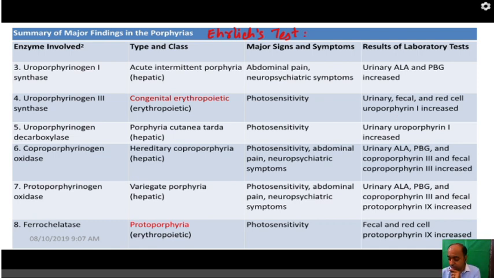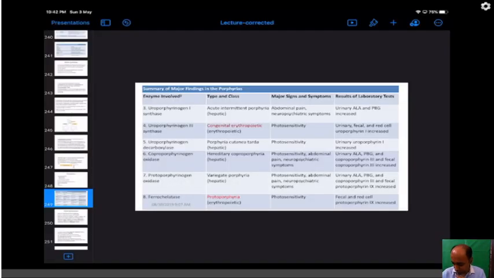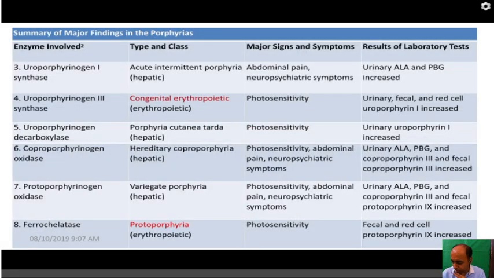The Ehrlich test identifies, what does it identify? It identifies porphobilinogen. The Ehrlich test identifies PBG. The PBG, if you recall, is formed by the ALA dehydratase, right?